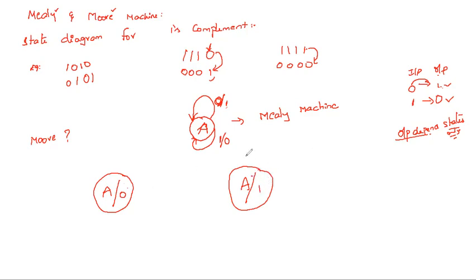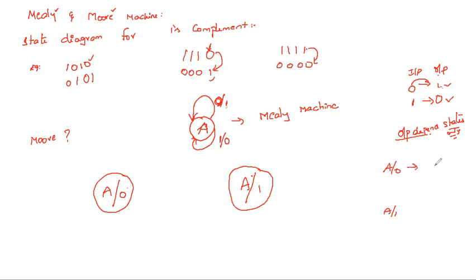For every state, we take a 1 bit input only, at a time. So for each state, we have A by 0 and A by 1.